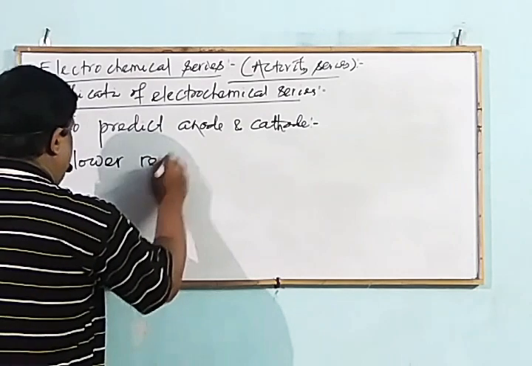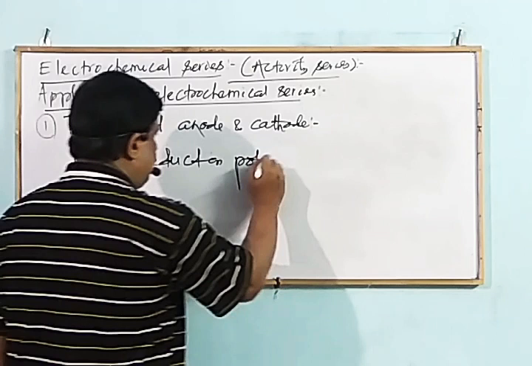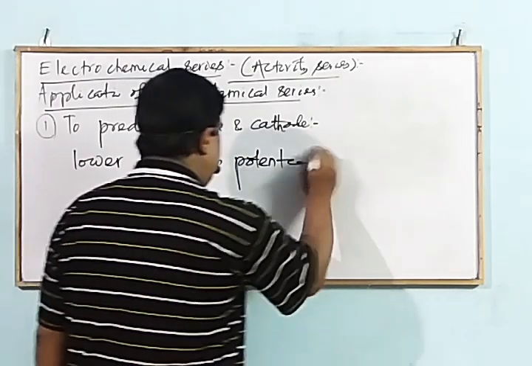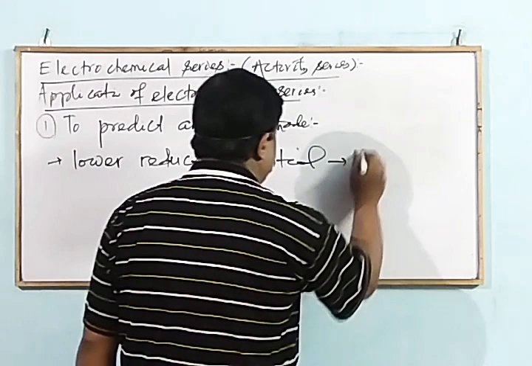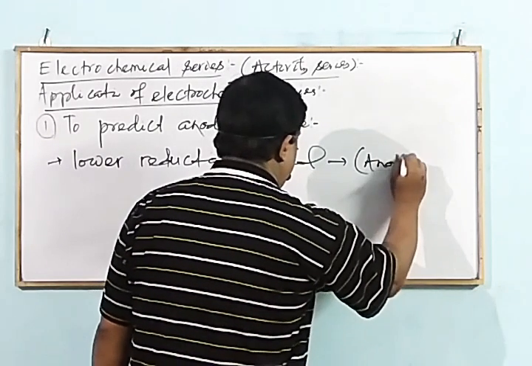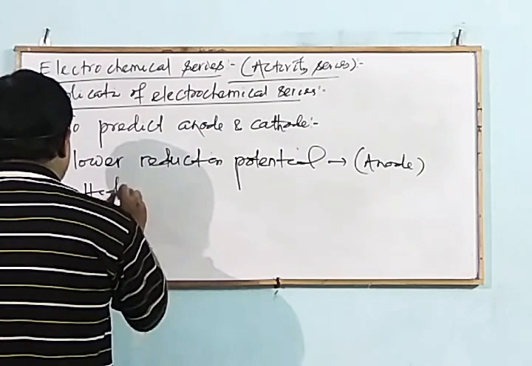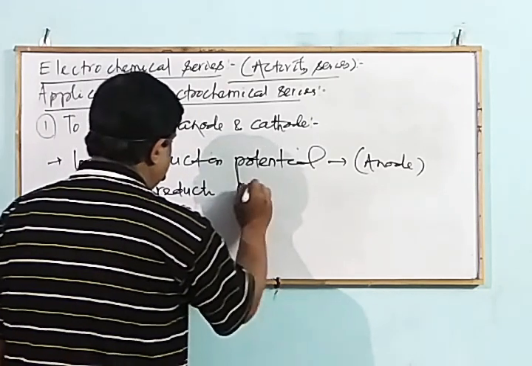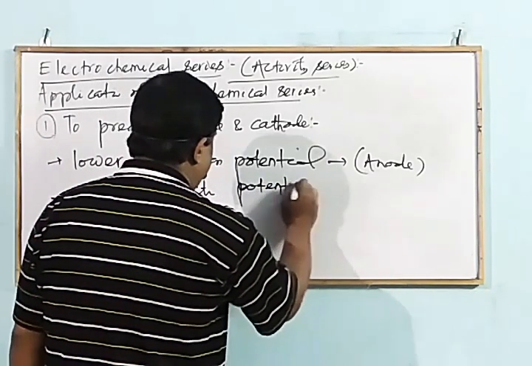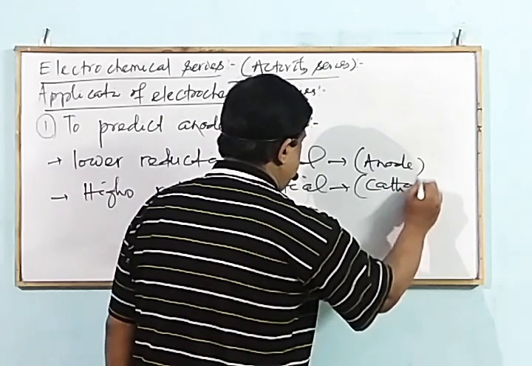The metal or element that possesses lower reduction potential behaves as anode, while the metal that possesses higher reduction potential behaves as cathode.